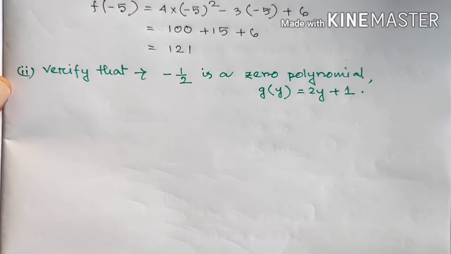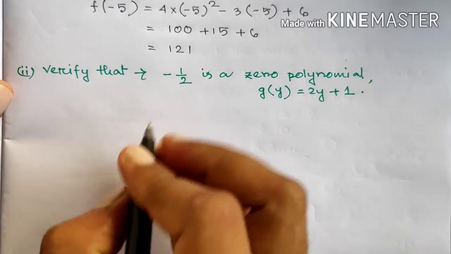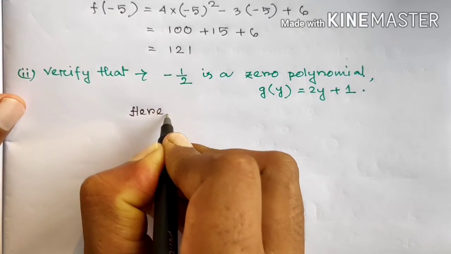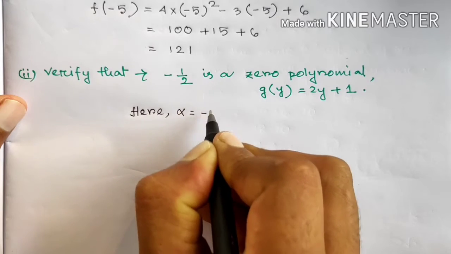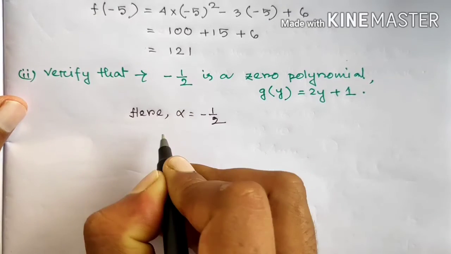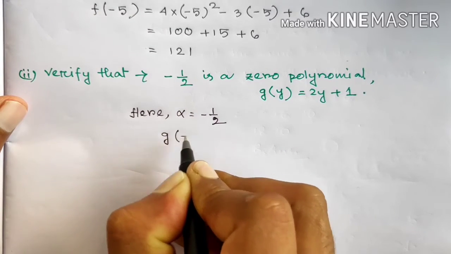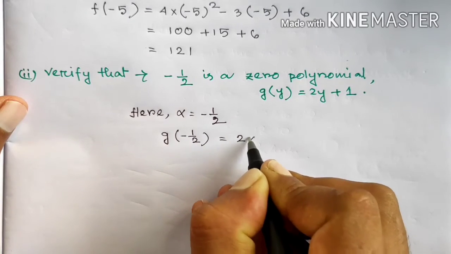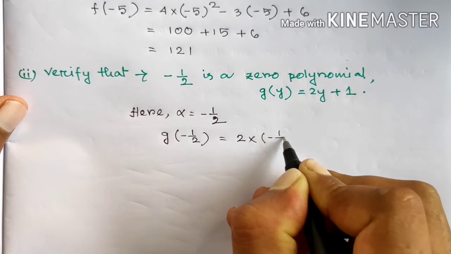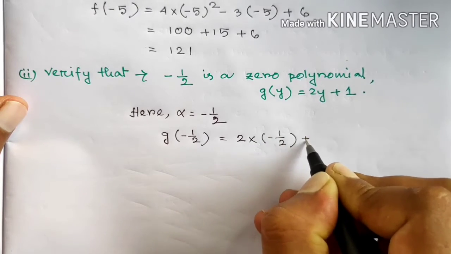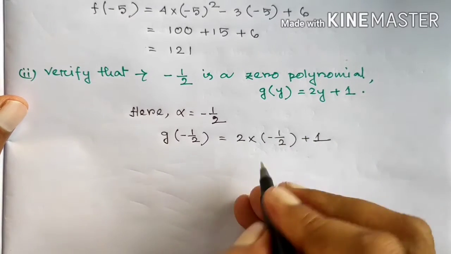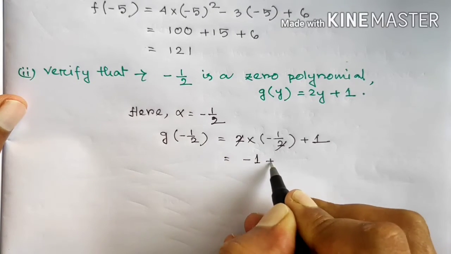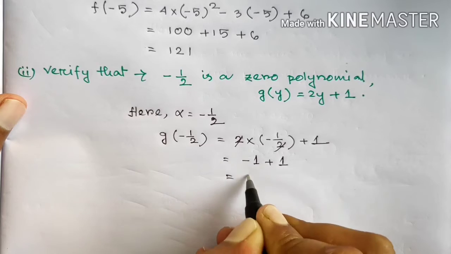Next, verify that minus half is a zero of the polynomial g of y equal to 2y plus 1. Here alpha equal to minus half. Therefore, g of minus half equal to 2 into minus half plus 1, minus 1 plus 1 equal to 0.